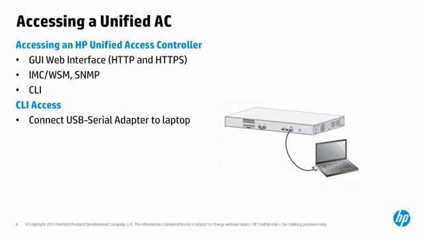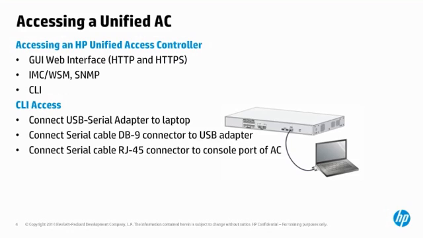This is typically pulled off by connecting a USB to serial adapter to your laptop. You then connect the DB9 female connector of a serial cable to this adapter and plug in the RJ45 connector of this serial cable into the console port of the AC.